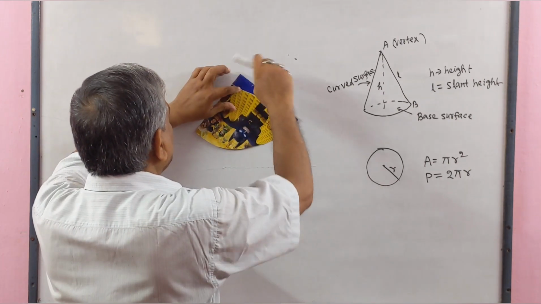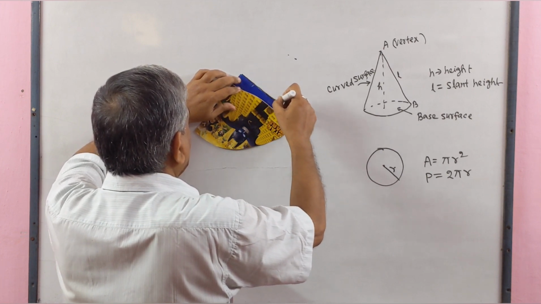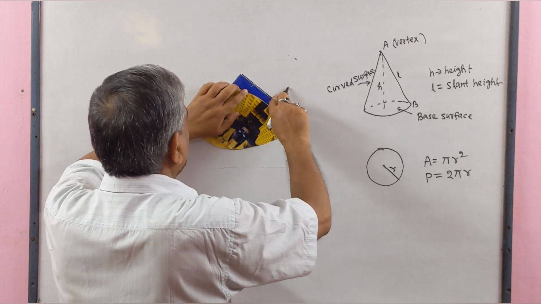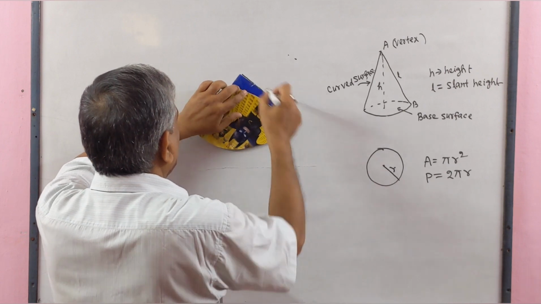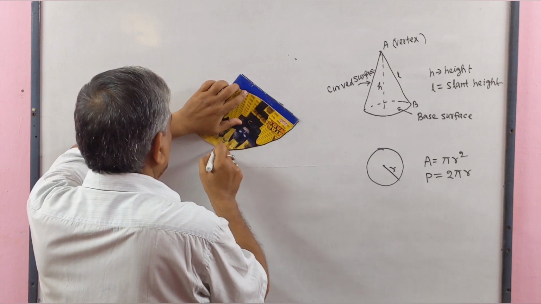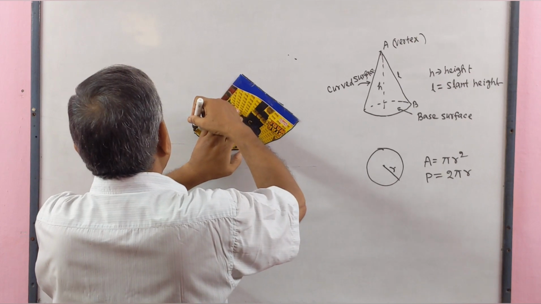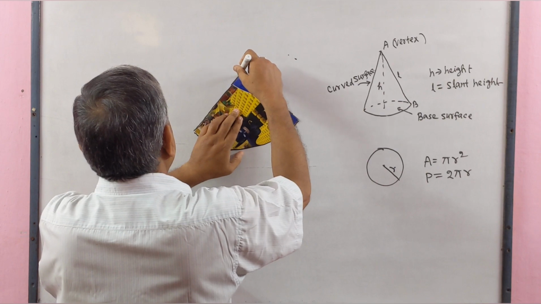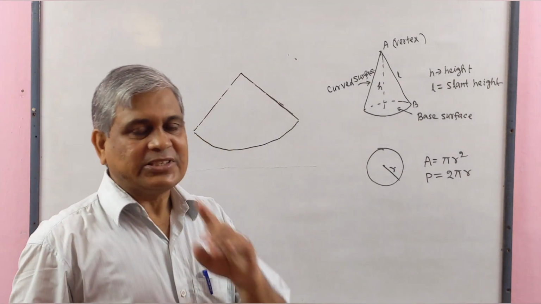If we draw this, we will get a sector of the circle.